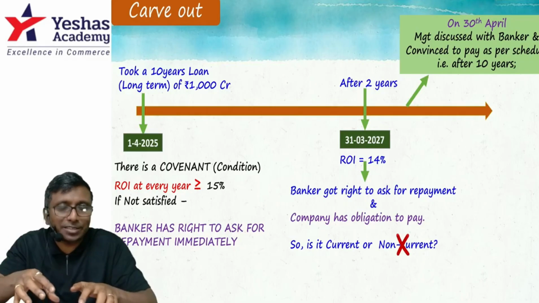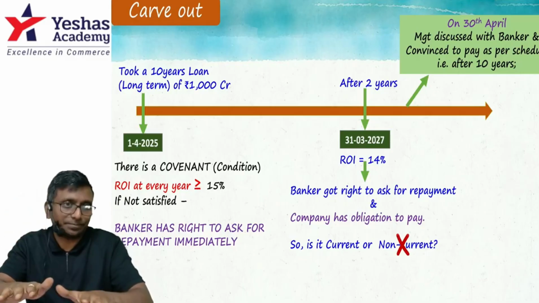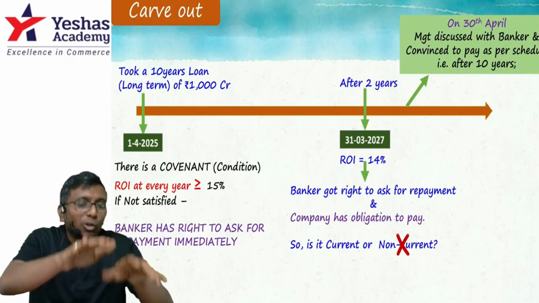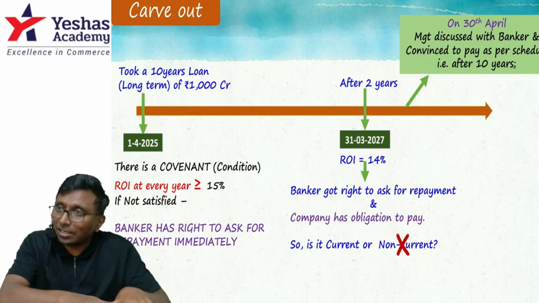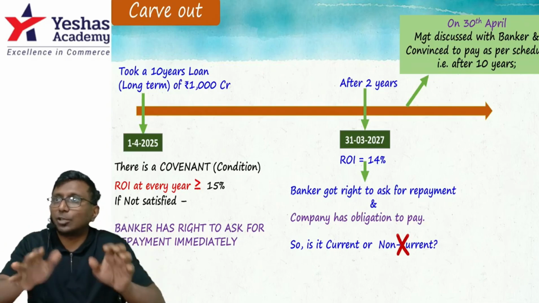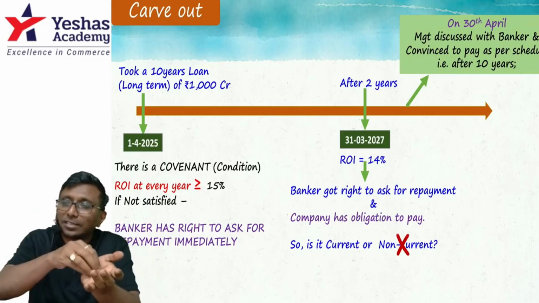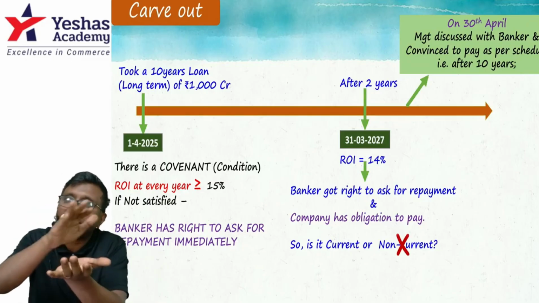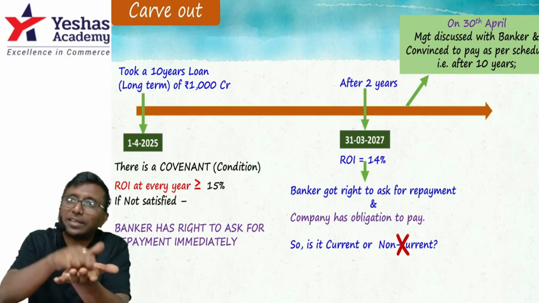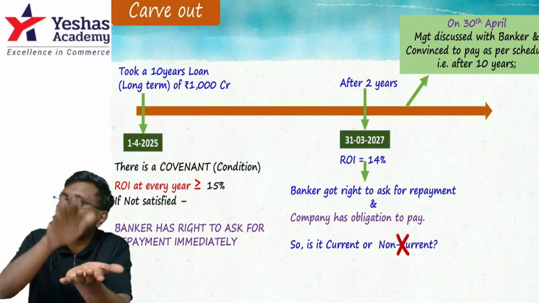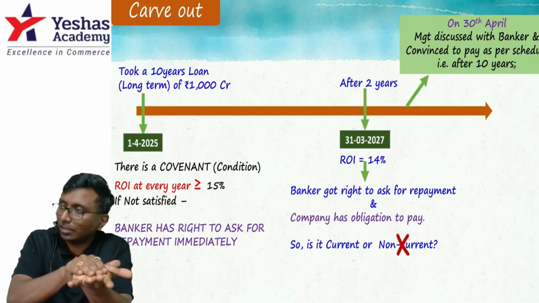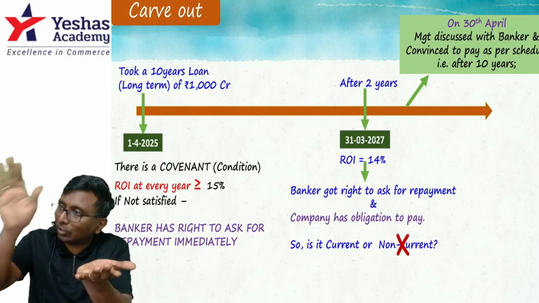So, strictly speaking, it is a non-adjusting event and the loan should be accounted as current. The loan should be accounted as current because the banker had the right to ask us for money immediately on 31st March. He has forgone the right only later.